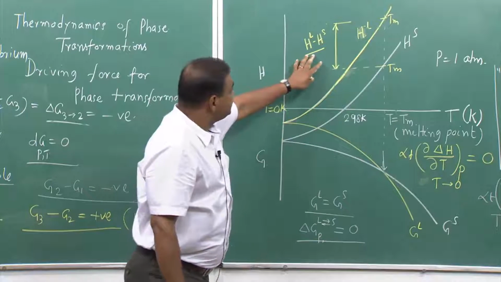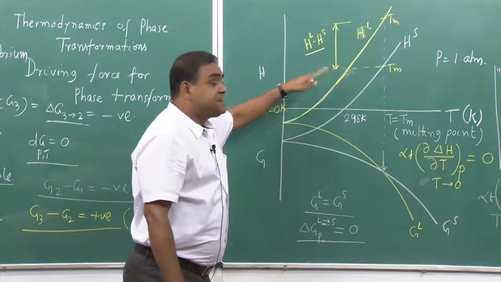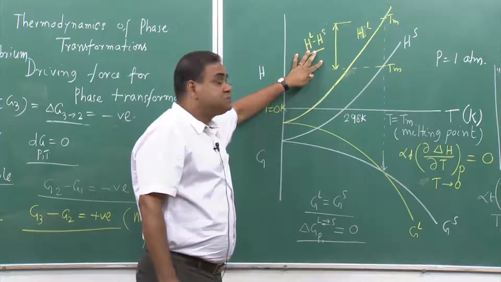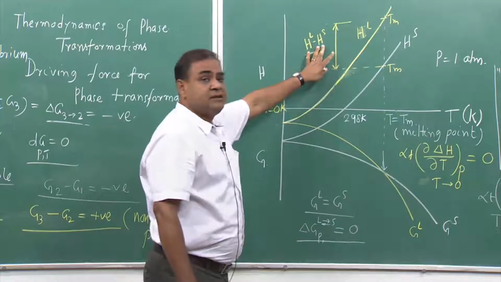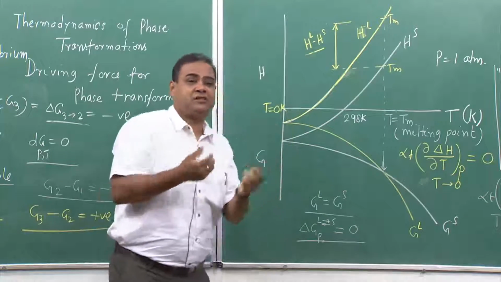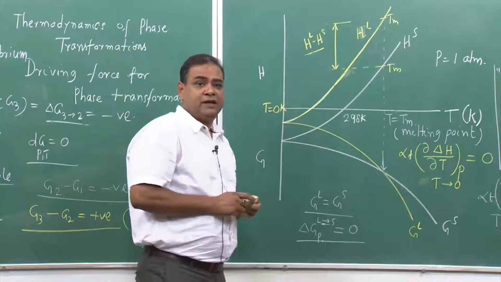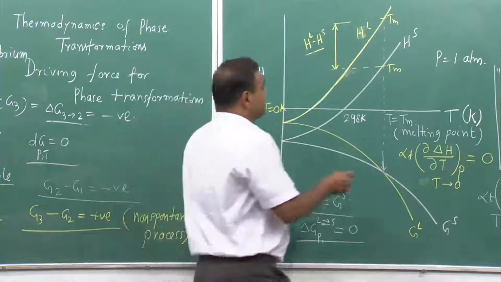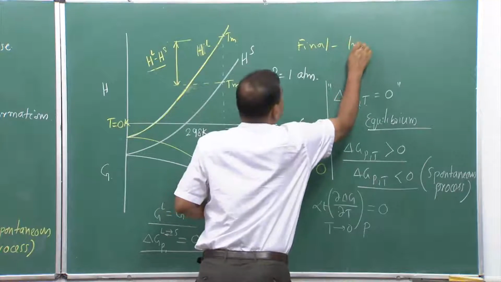Now, HS minus HL, in case of thermodynamic state functions, these are all thermodynamic state functions. Now, wherever I am trying to reach, let us say I am trying to reach from liquid to solid. Then solid would be my final state. So, it should be final minus initial.